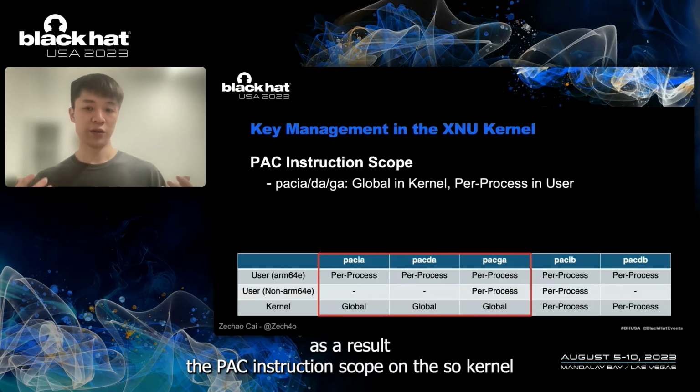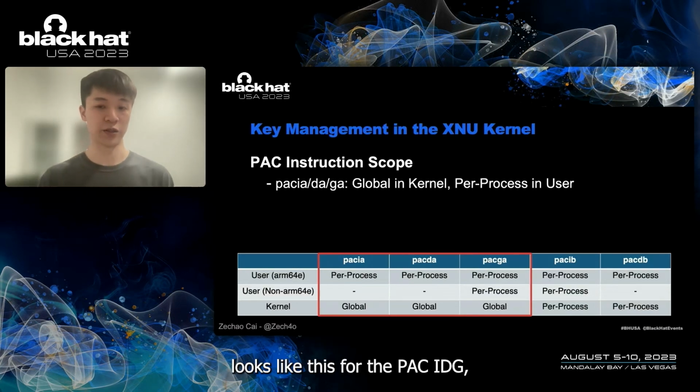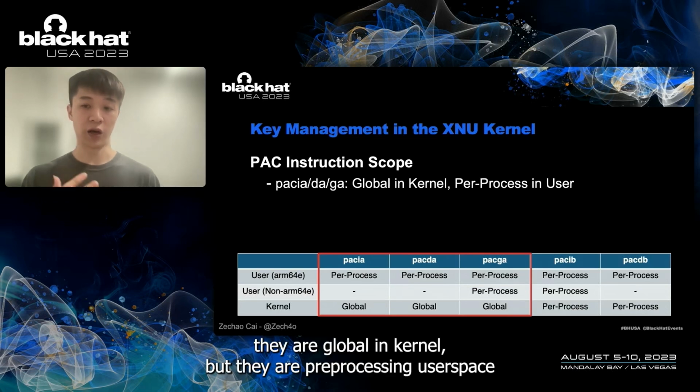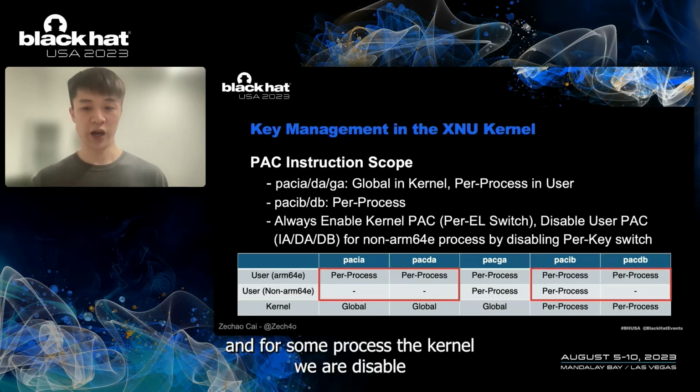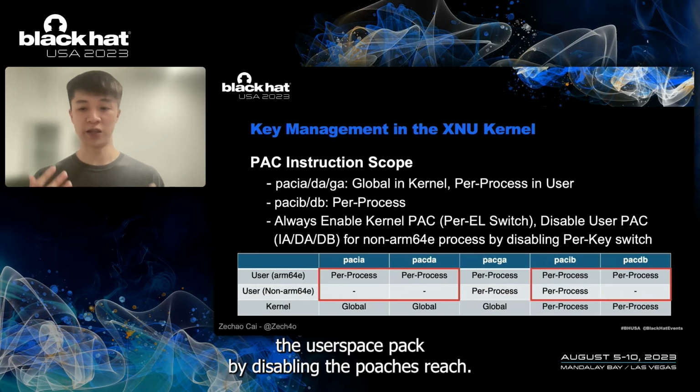As a result, the PAC instruction scope on the XNU kernel looks like this. For the PAC IA and DA keys, they are global in the kernel, but per process in user space. For the PAC IB and DB keys, they are per process. And for some processes, the XNU kernel will disable the user space PAC by disabling the per-key switch.